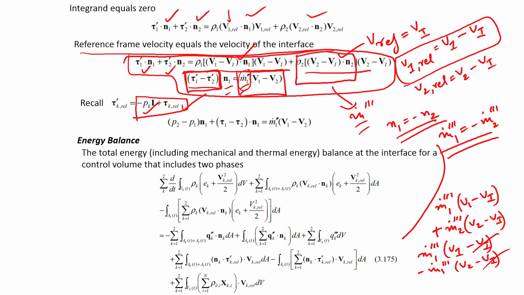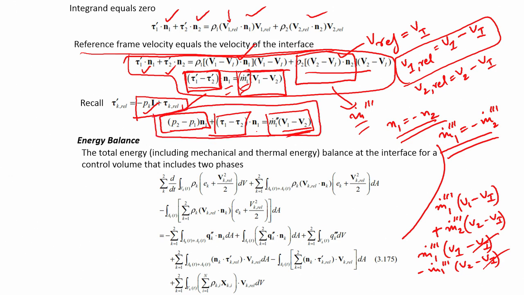So, if we substitute this, it becomes P2 minus P1 into N1, tau 2 minus tau 1 dot product of N1, which is equal to M1 double prime multiplied by V1 minus V2. So, that is the interface condition that you will get if you deal with an interface from the momentum part of the interface.